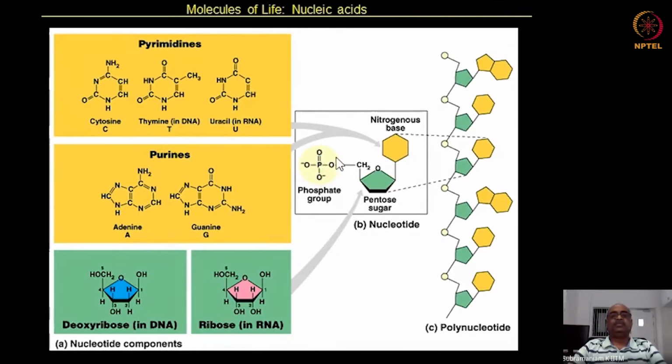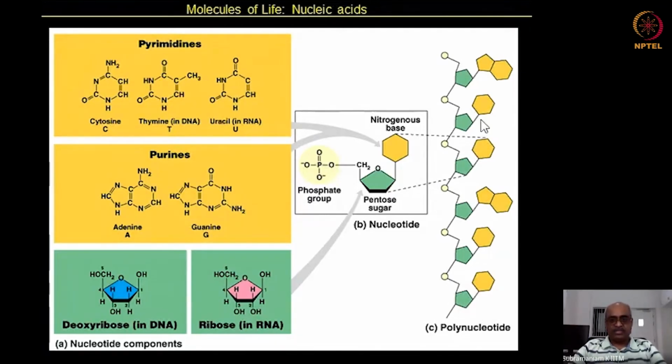Of the three acid groups here, one is in ester linkage with this alcohol group, CH2OH. The other one is attached to the next one in a long polynucleotide chain. And there is a third one that is still free and that dissociates when dissolved in water, releasing a proton.